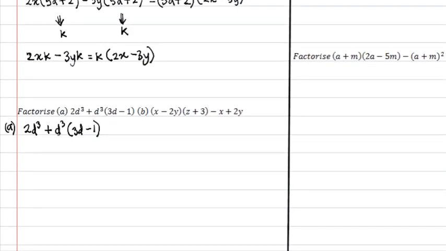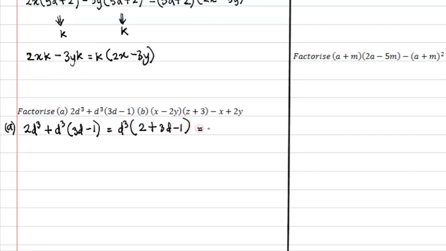We have d raised power 3 here, and d raised power 3 here, so we are going to bring that out. If we remove d raised power 3 here, we will be left with 2 only. So plus, we bring out d raised power 3, we will be left with 3d minus 1.